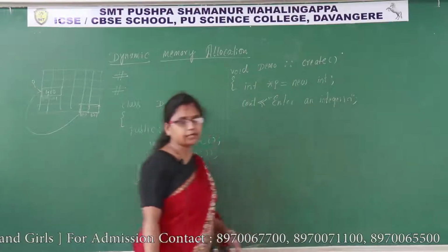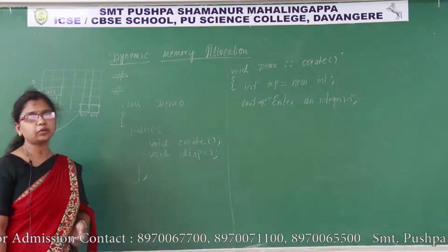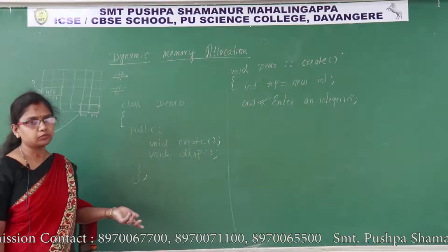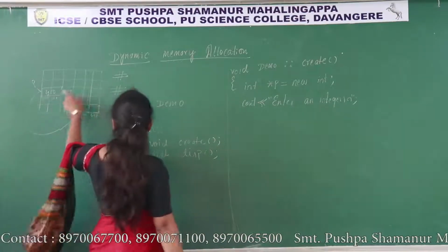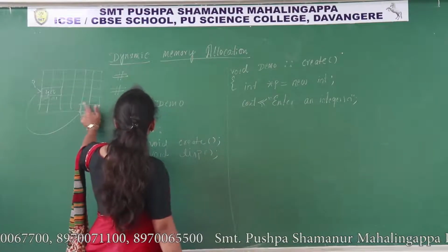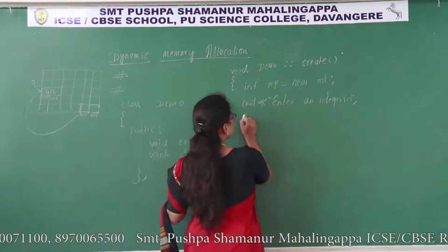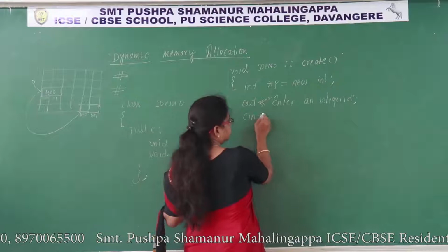If it were static allocation, what happens? We have to take a name of that memory location and we can input a value, isn't it? But in this dynamic allocation, this memory doesn't have a particular identifier and it is identified by this pointer. Enter an integer, cin extraction.